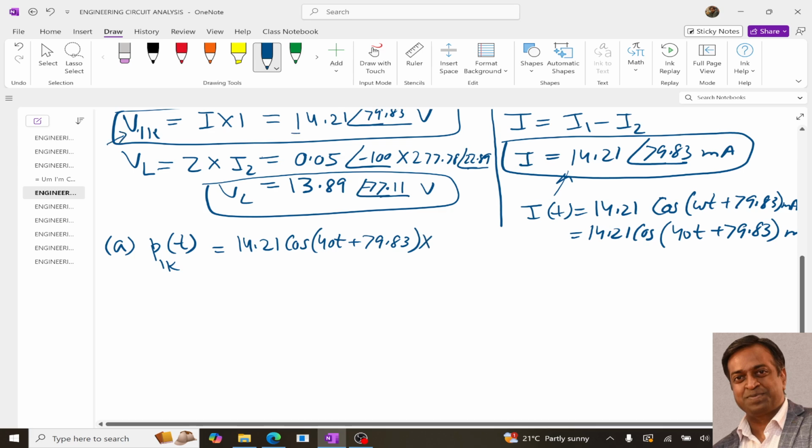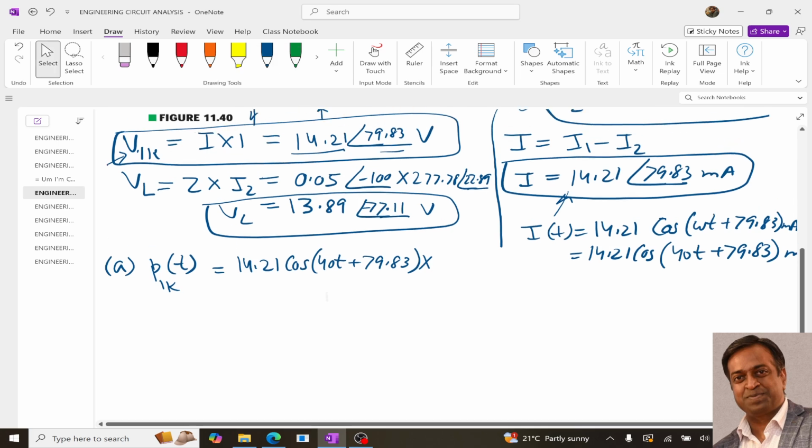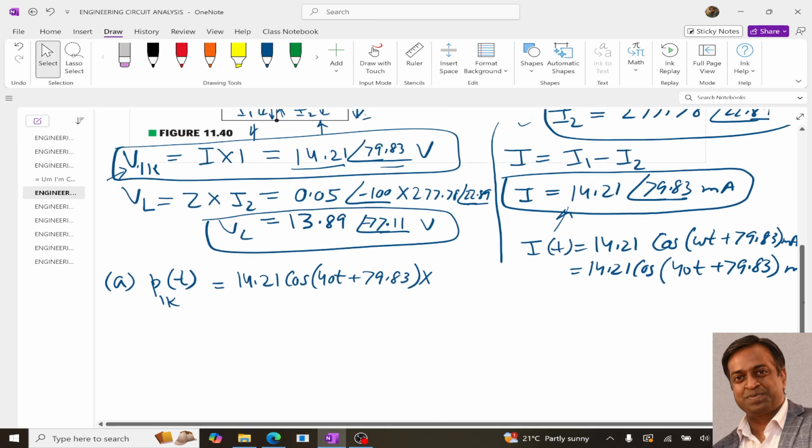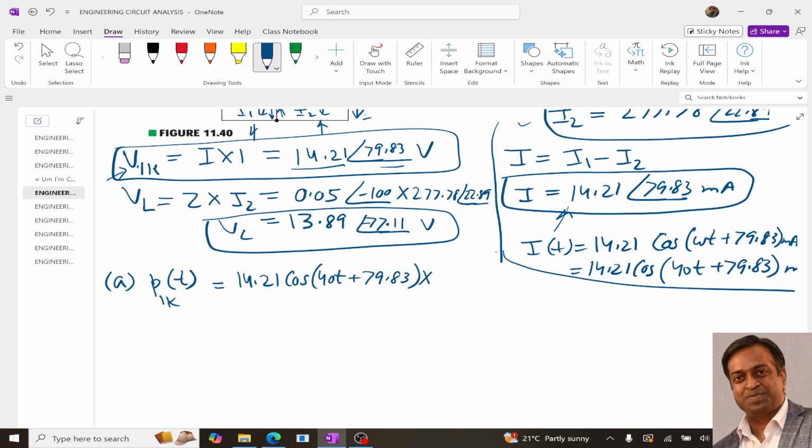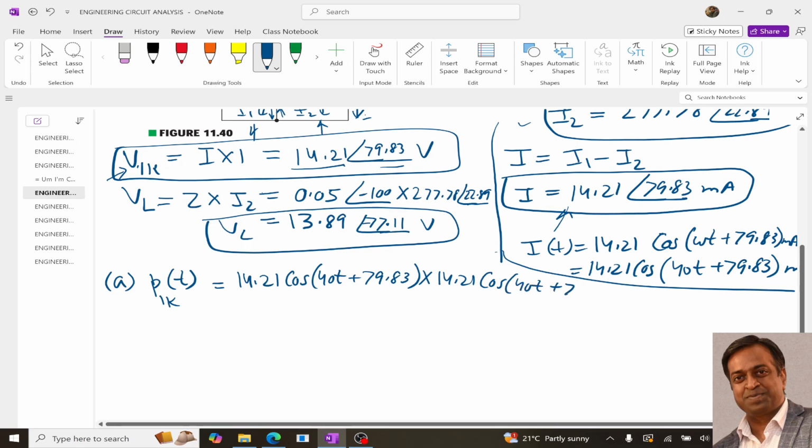Now over here Vm is this, angle is this. Right, so it is 14.21 cos 40t plus 79.83, and over here the unit of current is milliampere and the unit of voltage is volt, so we will get the answer in milliwatt.